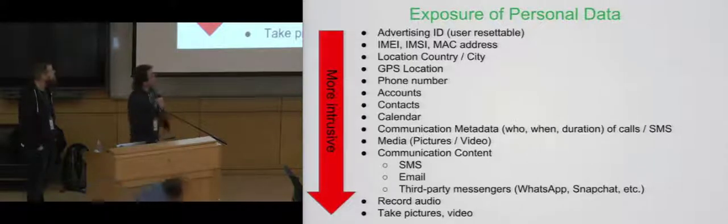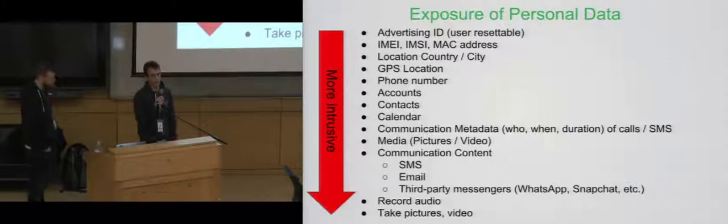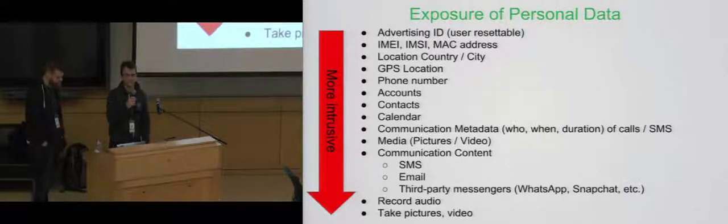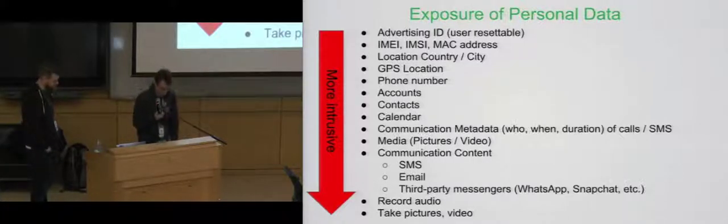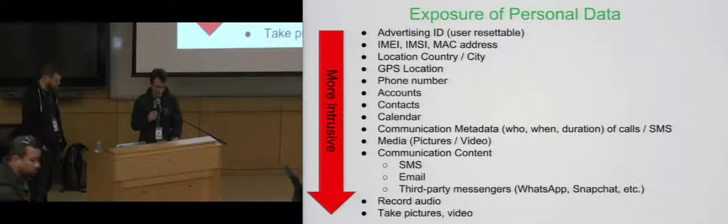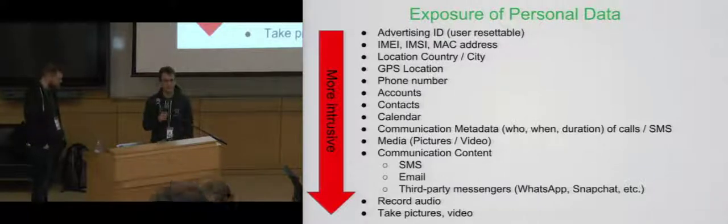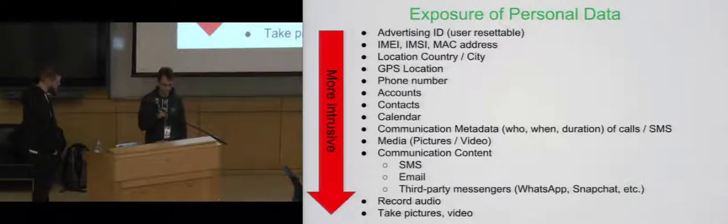And we all have some kind of threshold where we don't want an advertiser or any app developer to know about that data. So take a second or two and think about where you would draw the line here for yourself. We'll get back to this slide later, but for the moment, let me switch gears and talk about how personal data is accessed on mobile devices.